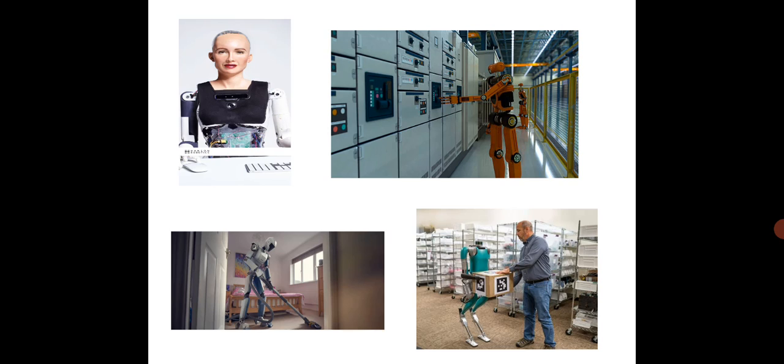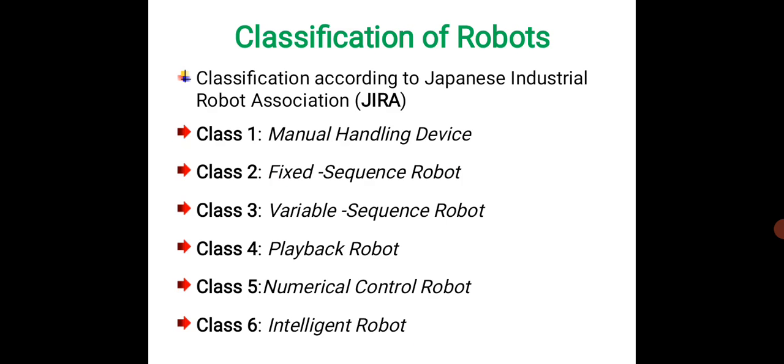Here the first one is a humanoid, and the name given to that robot is Sophia, which could even have emotions. And here you could see certain humanoids doing certain works like cleaning, picking up and taking, moving the trolleys, all these things.